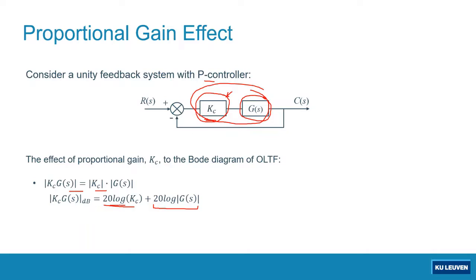What is the effect of Kc to the phase plot? Now, after you introduce Kc, your phase value will be equal to angle of Kc plus angle of G(s), right? That's the property of a complex number.